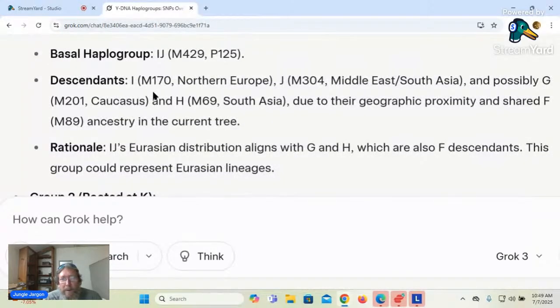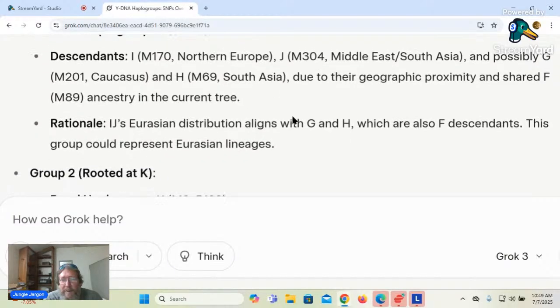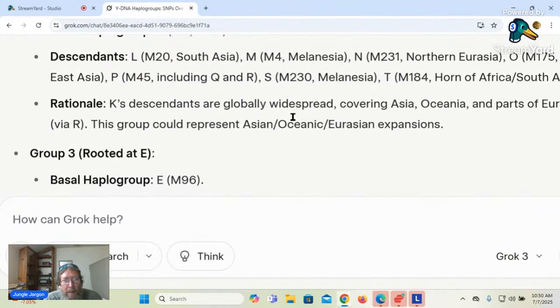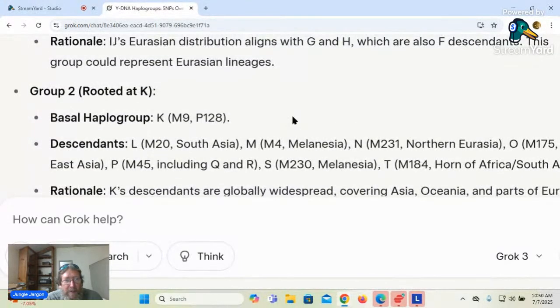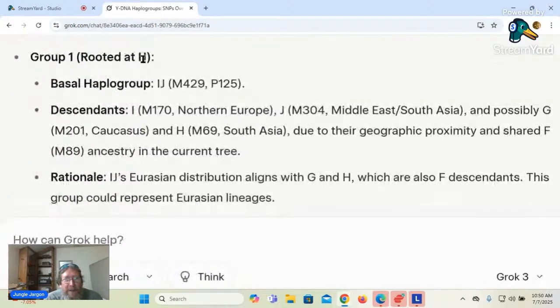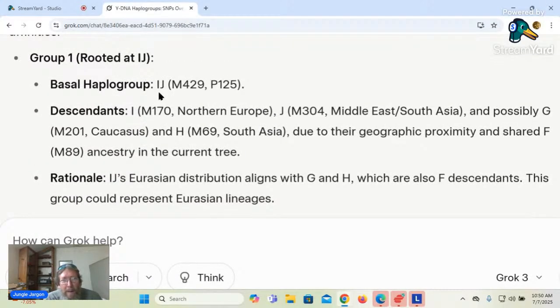So we got the usual I M170. Then you got G, but it's not showing it. Maybe I got to go back to the other one. But anyways, I'll just go through it first here, and maybe I'll find another place where you can see it better. But anyways, I was thinking that the IJ was difficult to explain because you got an IJK haplogroup.